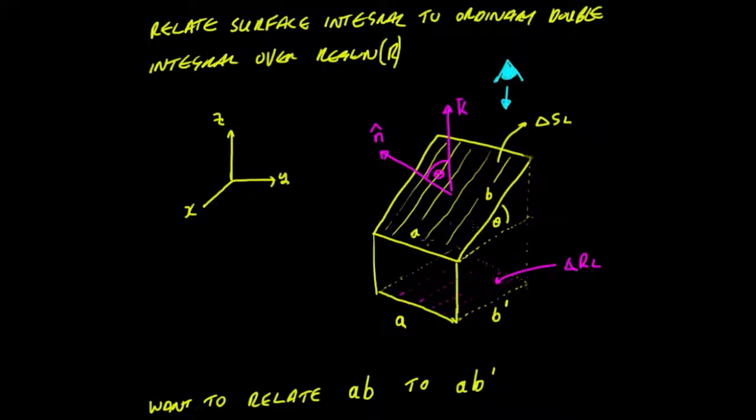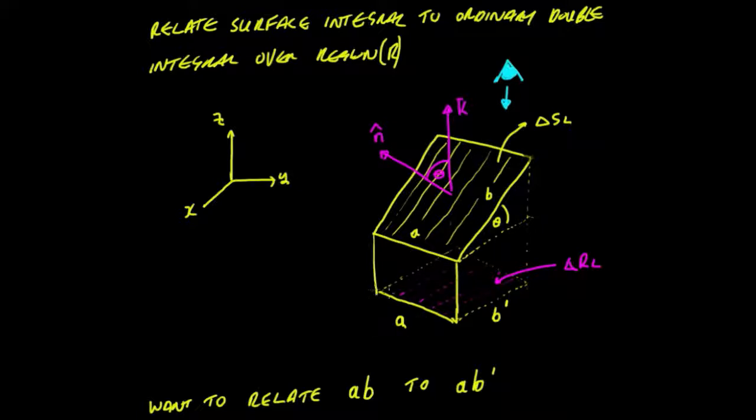But if we were to look down, and that's meant to be like a little eye looking down, so if we were to look straight down, then what we would see would be this area here. So this would be the projected area onto the xy plane. So that area then would be a, which remains the same, but the length would be b dash.